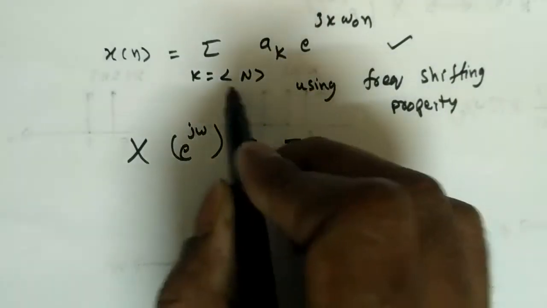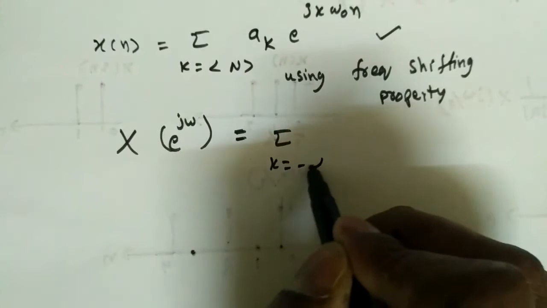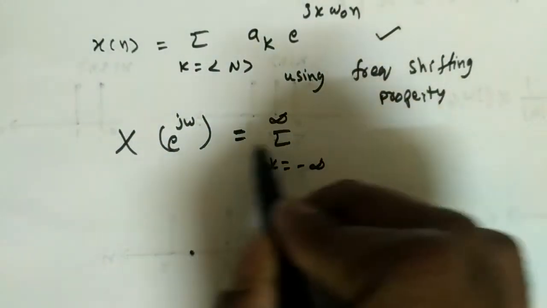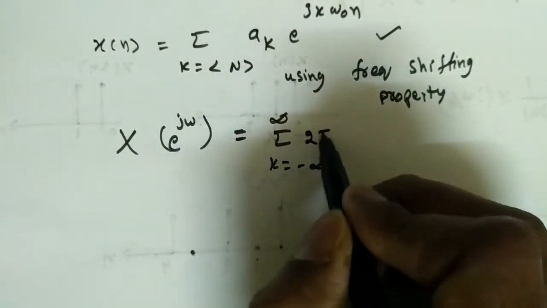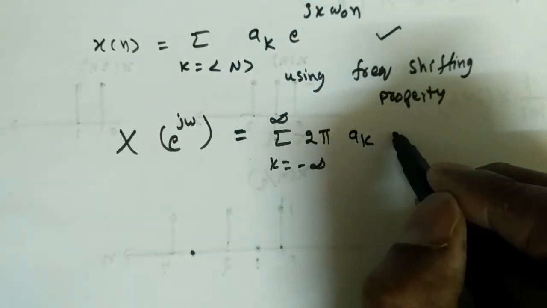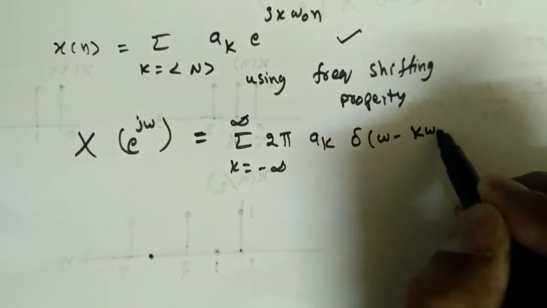Simply sigma k equal to minus infinity to infinity, and 2 pi should be there, so you can write 2 pi into ak, ak into delta omega minus k times omega naught, right?